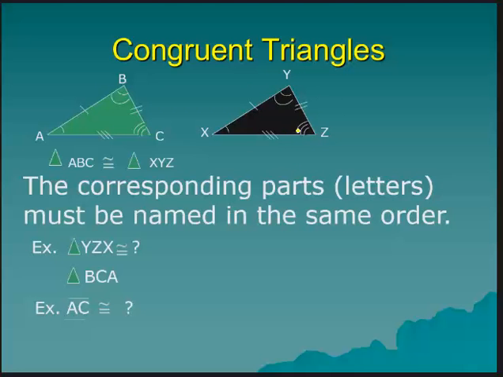If you were to take these two triangles and lay them on top of each other, which parts would match? What's going to match with AC? You should say XZ. Notice I started with the left side A and went to the right side C, AC. So I have to do that over here as well. XZ is the way I need to name that.